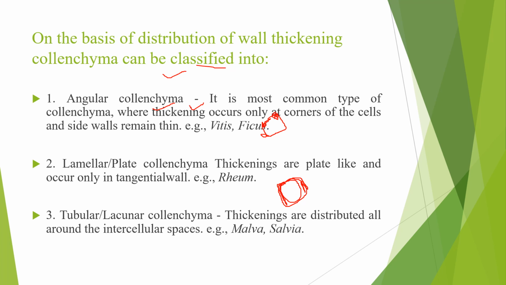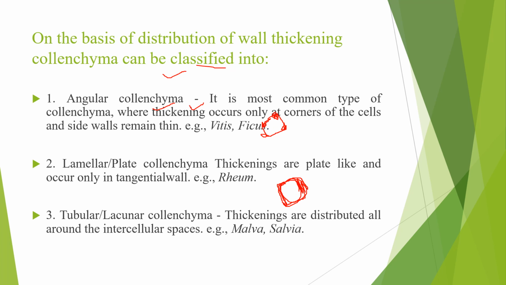Suppose it is a corner, the thickening is found only in the corner. But in lamellar or plate collenchyma, the thickening is found everywhere systematically.